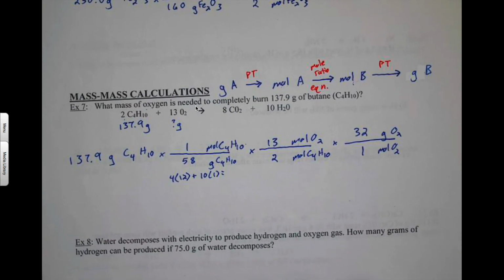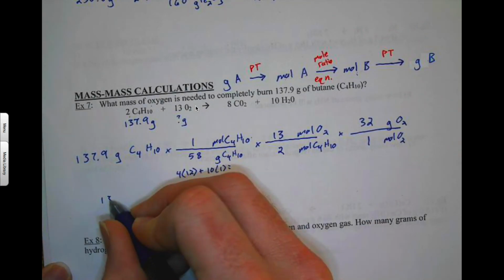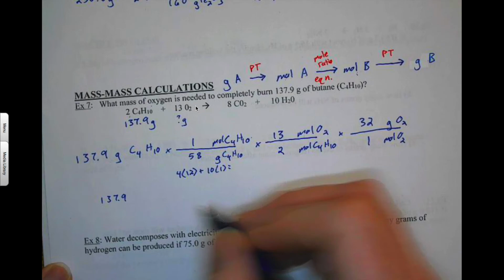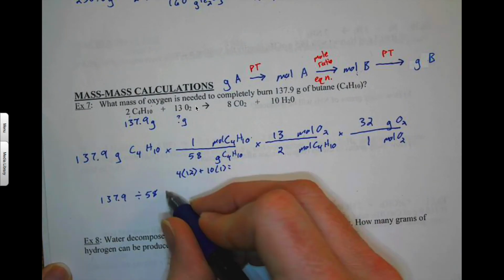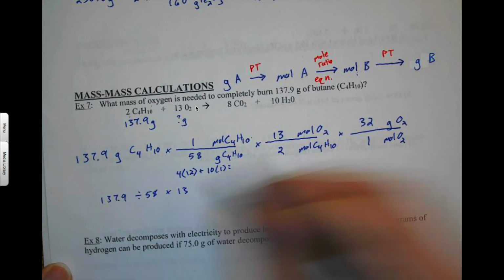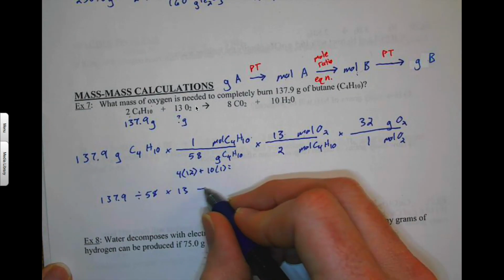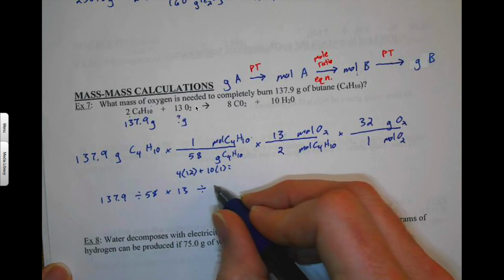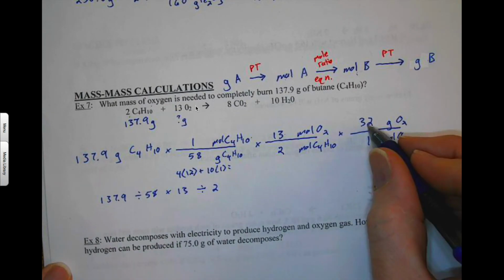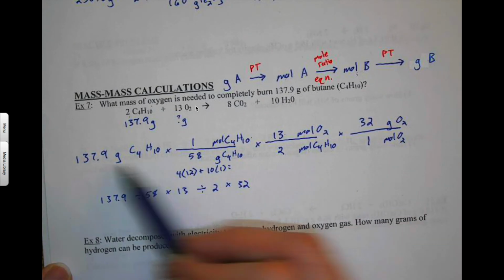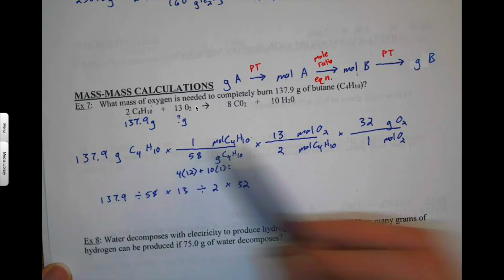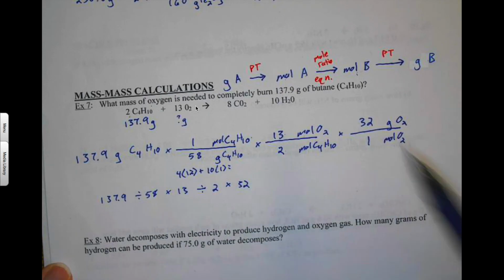And so our calculator work is going to be 137.9. And we're going to divide by 58. We're going to multiply by 13, that 13. And since 2 is on bottom, we're going to divide by 2. And since 32 is on top, we're going to multiply by 32. Notice how I'm just dividing by everything that's on bottom and multiplying by everything on top.